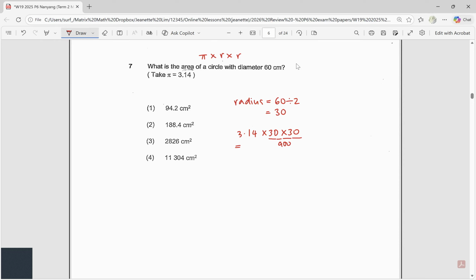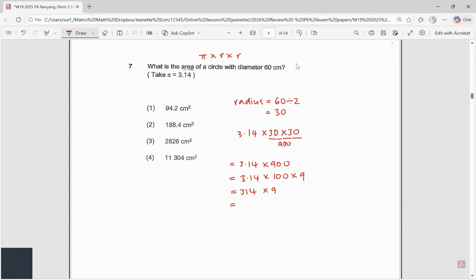So 3.14 times 900, which is also the same as 3.14 times 100, then times 9. Okay, 3.14 times 100 is 314.